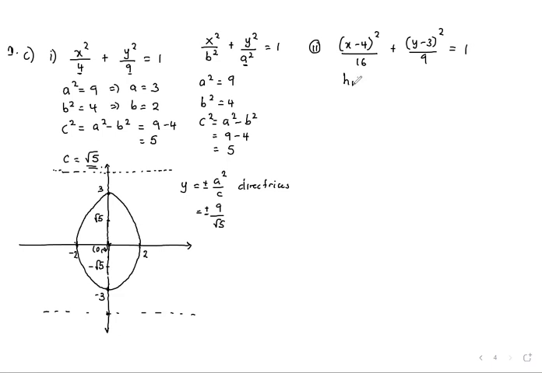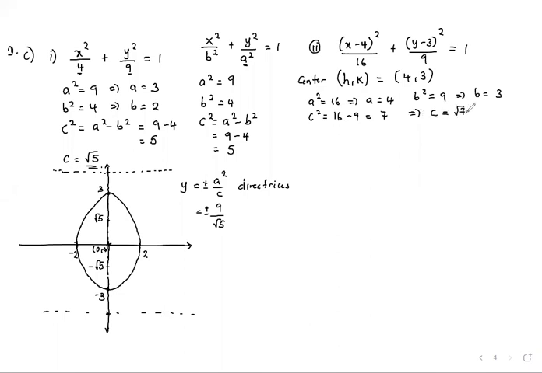So our center H comma K, in this case, is 4,3. Then A squared is equal to 16, implying that A is 4. B squared is equal to 9, implying that B is 3. So C squared is 16 minus 9, which is 7. So C is root 7.